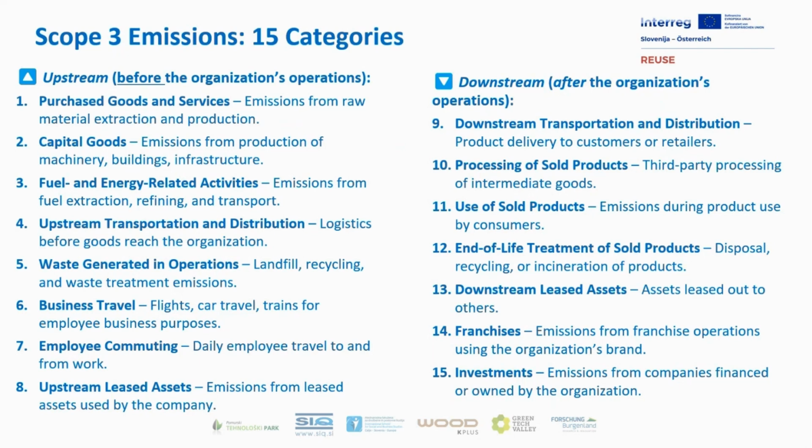Category 6, business travel. These are emissions from employees traveling for work purposes by train, air, or car. For example, emissions from a flight to attend a business meeting. In our case, in Telemax Slovenia or United Group, we use the ICAO carbon emissions calculator for air travel.